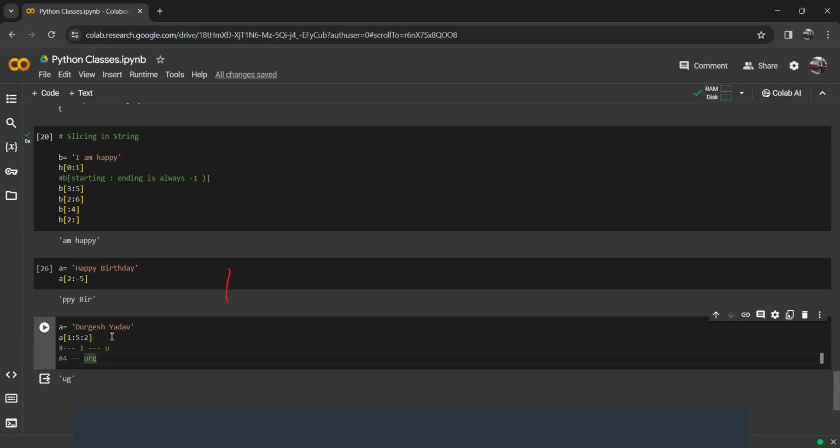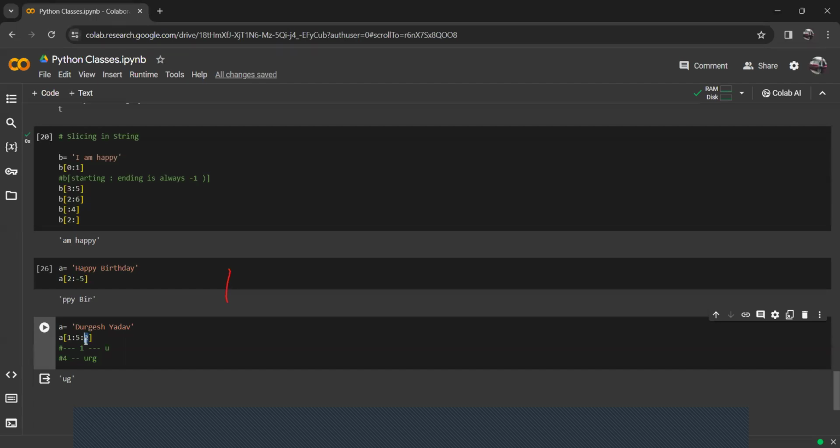Now the third thing tells us how much we have to skip. In the third thing also we have to subtract 1. So if I subtract 1 from 2, what will be the value? The value will be 1 only, which means this third thing tells us how much we have to skip.